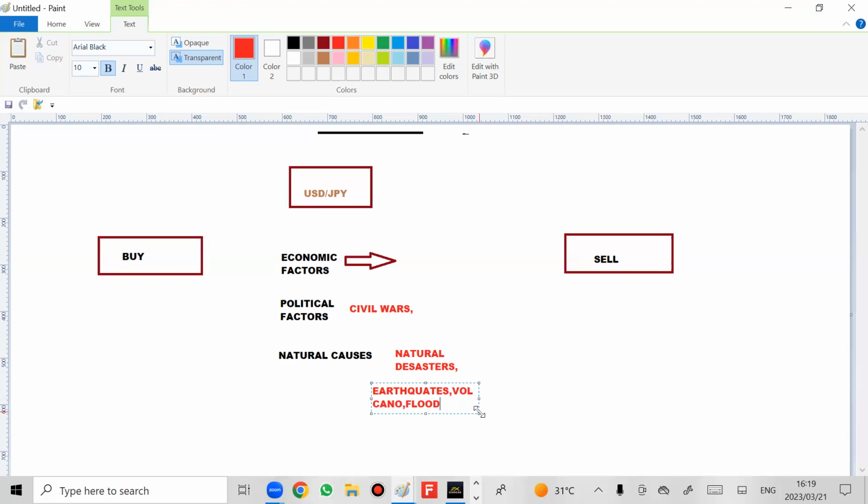So these are the factors also which can affect the value of the currency. So the Malawian kwacha, or whichever currency they use, has dropped in value because of the natural causes which they are facing. No investor is willing to come and invest at this time because the country is facing difficulties.